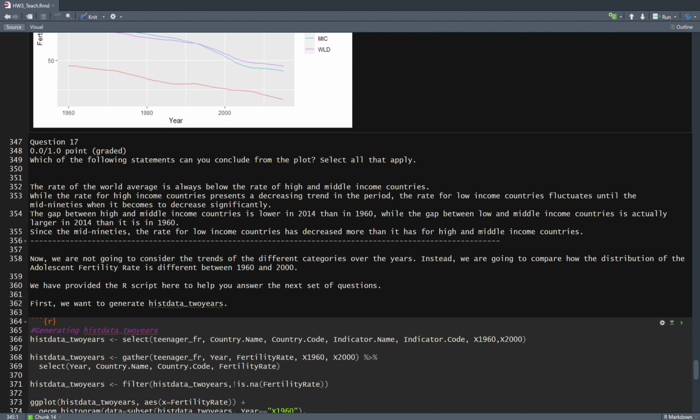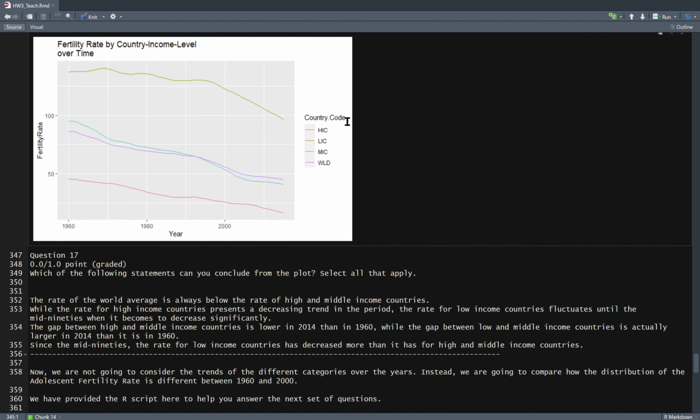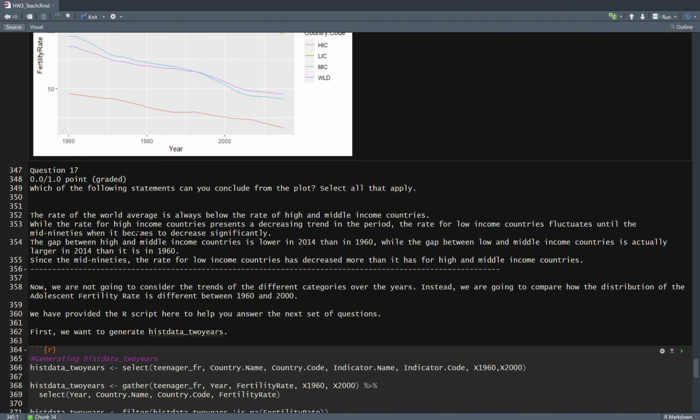Moving to question number 17, it is asking which of the following statements you can conclude from the plot. The rate of the world average is always below the rate of the high and middle income countries. This is the world average here. It says it is always below the rate of high and middle income countries.